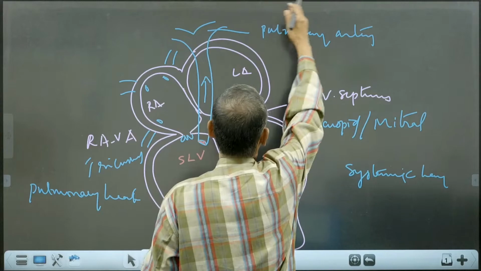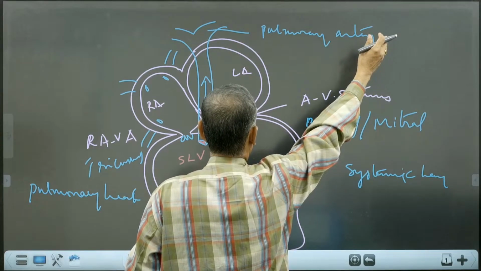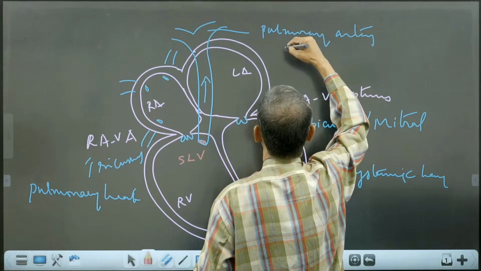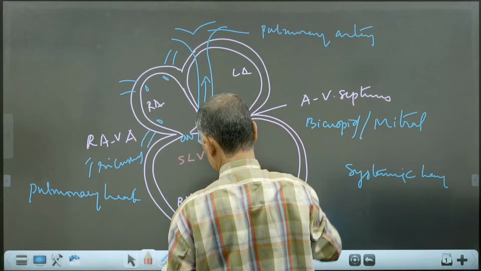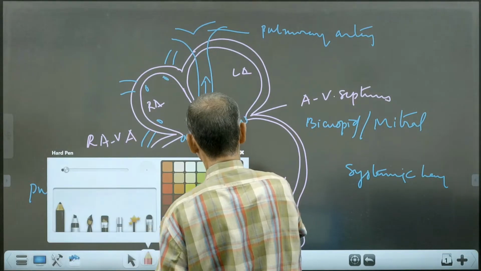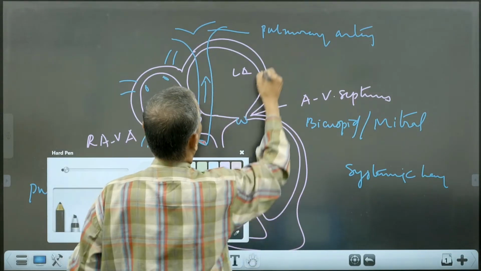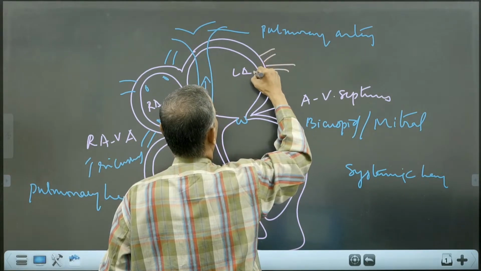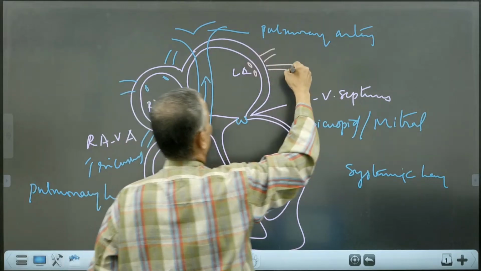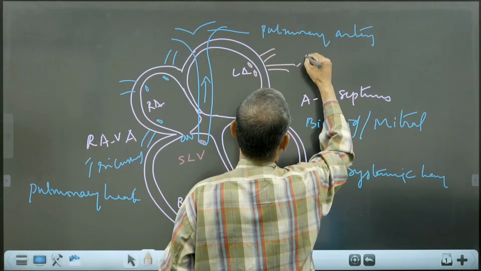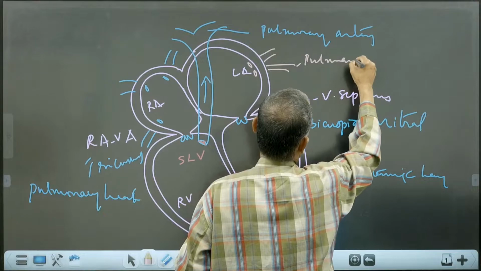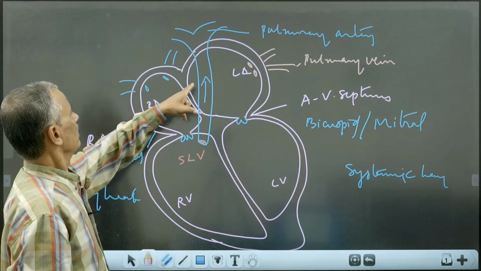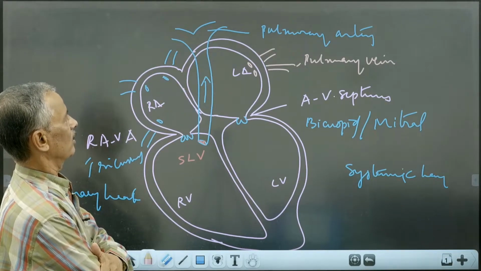Similarly, the blood that is pumped to the lung is oxygenated. The pulmonary artery takes it to the lung and it becomes oxygenated. And after oxygenation, the pure blood is brought back to the heart through pulmonary veins to the left atrium.